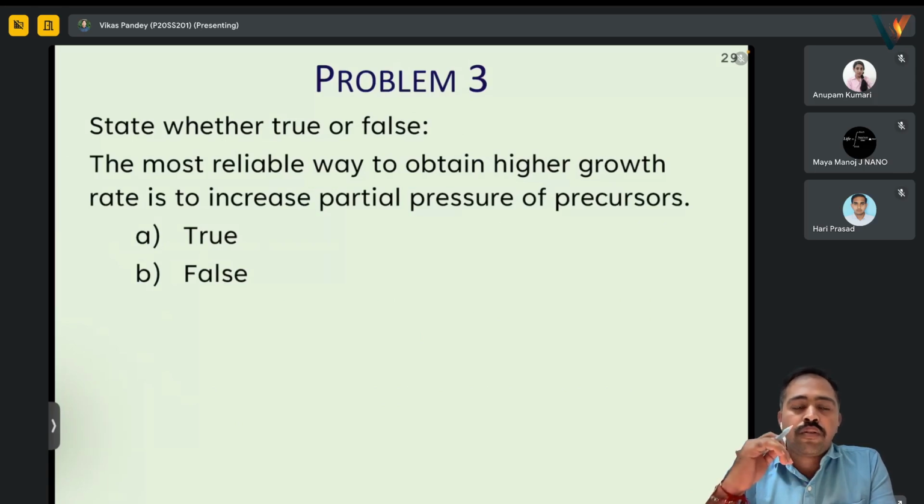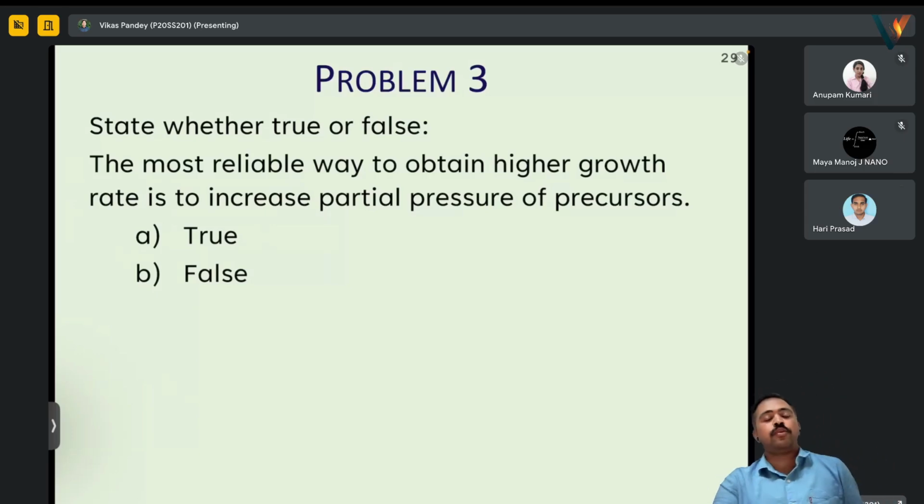So should we increase the partial pressure of the precursor? Is it true or false? Yes, anyone?